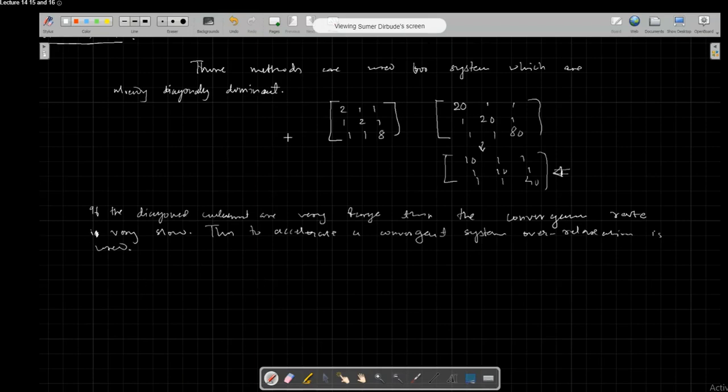And the method we can say is successive over relaxation.